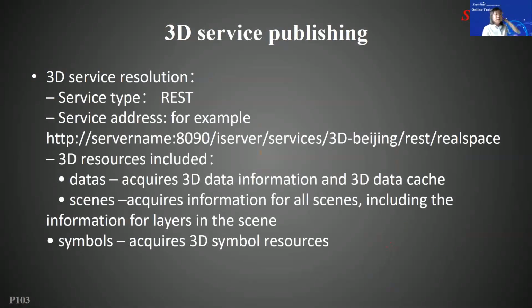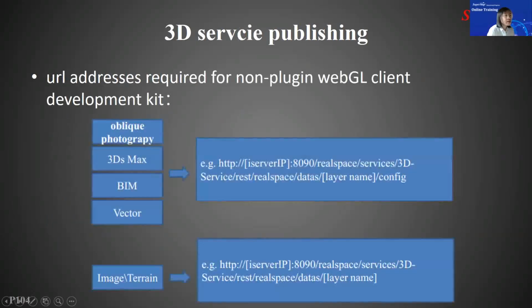And for 3D service publishing, also, this is the 3D service resolution. We have to publish a raster 3D service, and the service looks like this. I will show you in a real case.